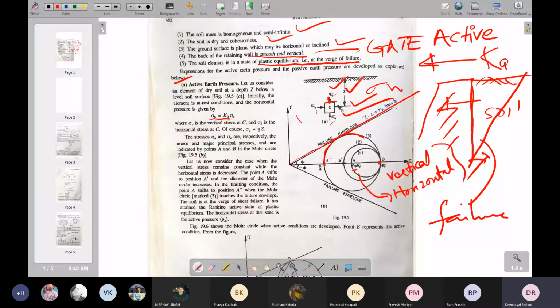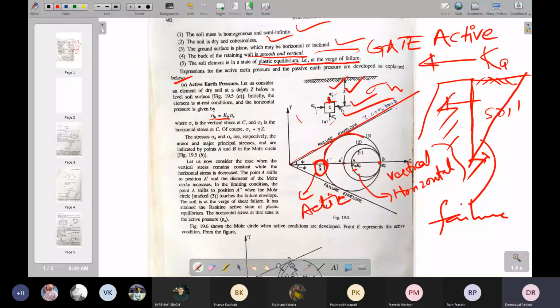That particular stress is called the active earth pressure, Rankine's earth pressure. So what we have done is find the stresses just below the soil. Vertical stress we know is gamma into h.